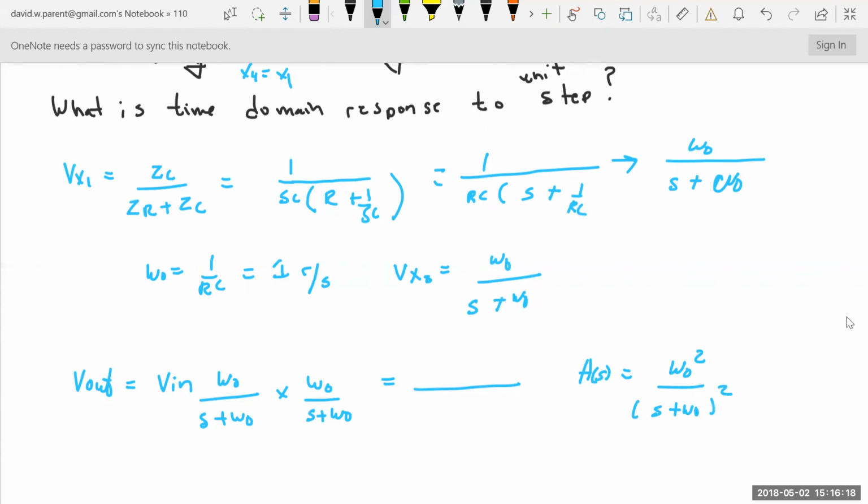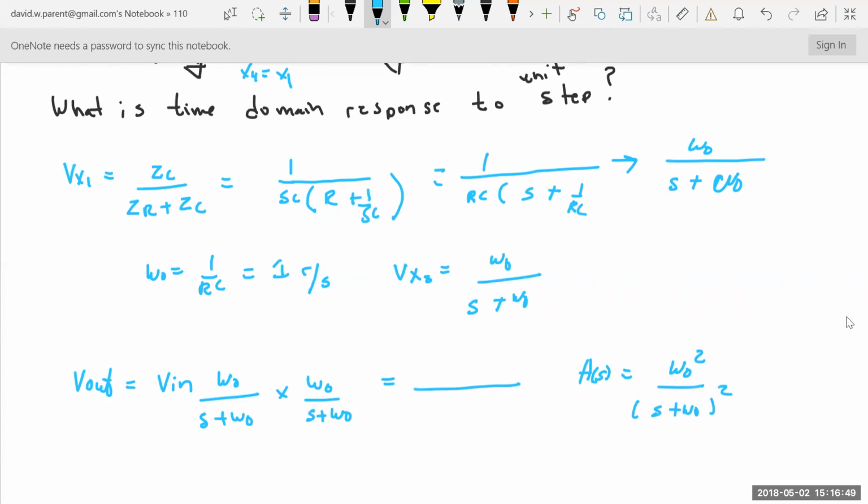So just looking at that, it's a filter. What kind of filter? Low, high, medium, low pass? Okay. Because if I set s equal to 0, omega squared divided by omega squared is 1, right? If I let this go to infinity, the magnitude will go to 0, right?